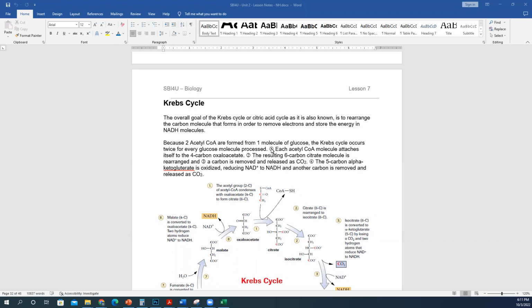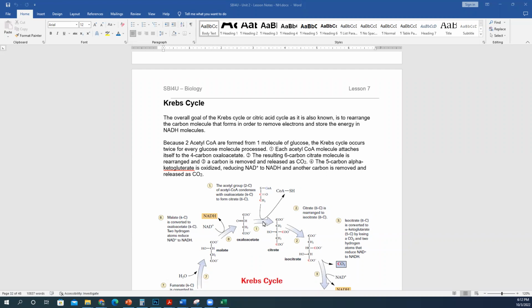So here in my notes, I've tried to label each step for you so that you can follow along, but it's also identified very clearly here. So we start out with each acetyl-CoA molecule here, and this acetyl-CoA molecule then attaches itself to another 4-carbon molecule called oxaloacetate.